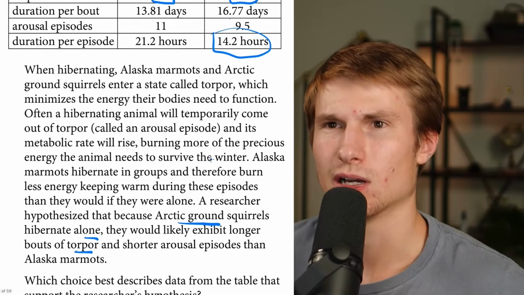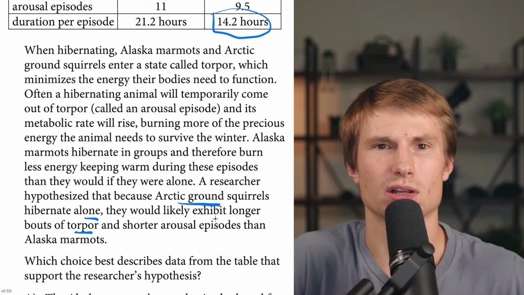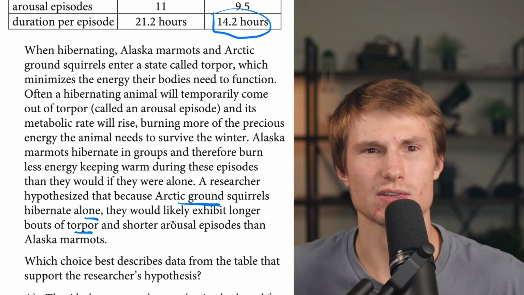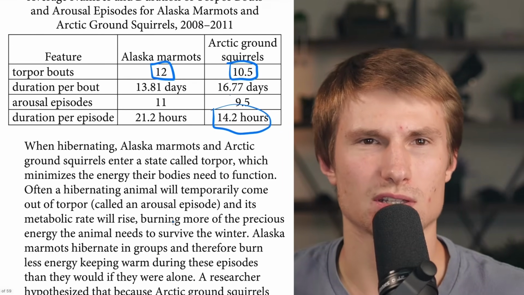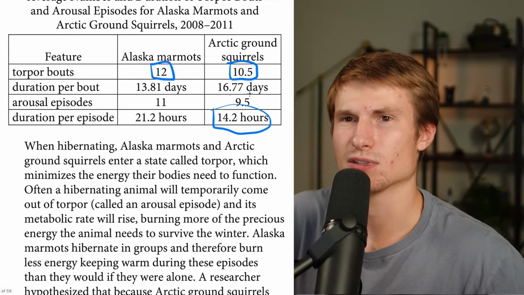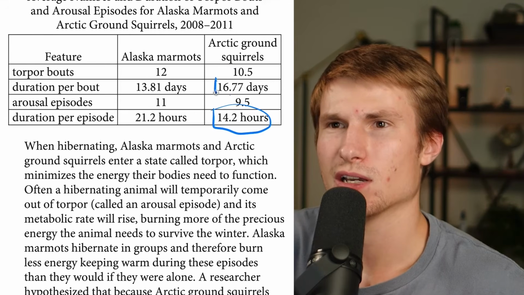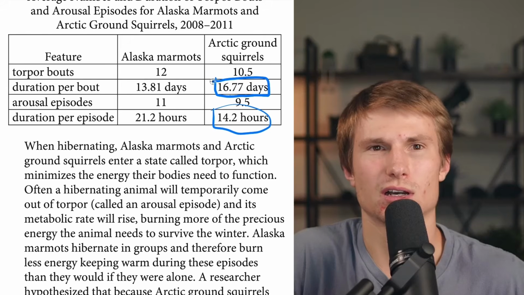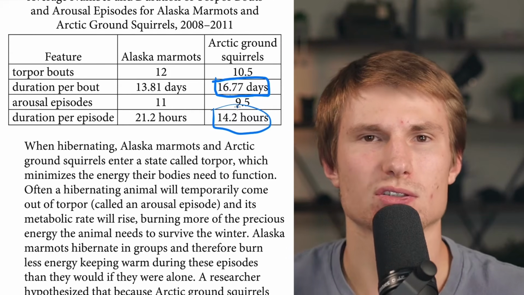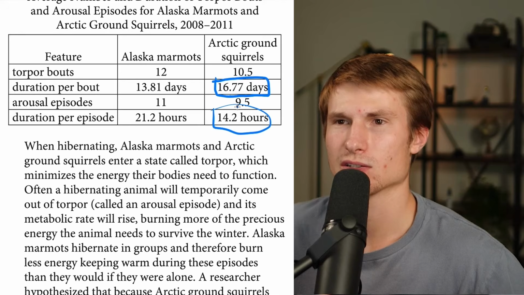Let me go back down just to take a look. Okay, it said that they would likely exhibit longer bouts of torpor, shorter arousal episodes. Okay, so we're concerned with duration rather than frequency here. So let's actually erase that. We're concerned with duration. They hypothesized that there would be longer torpor bouts, shorter arousal duration as well there. So as we can see, that is the case according to the data.